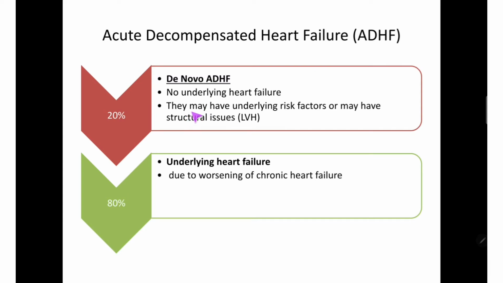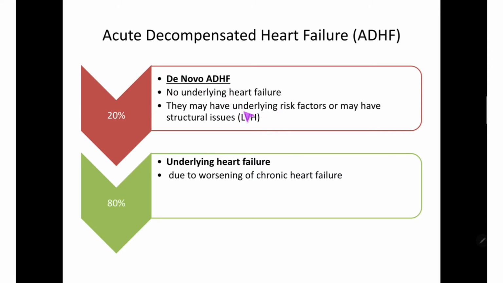Or it can be another situation where they may have underlying risk factors, or some structural issues. For example, a patient with hypertension who has left ventricular hypertrophy, that means he has some structural issues, and now he has come up with this de novo ADHF.